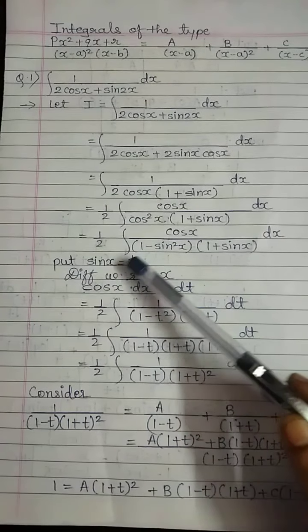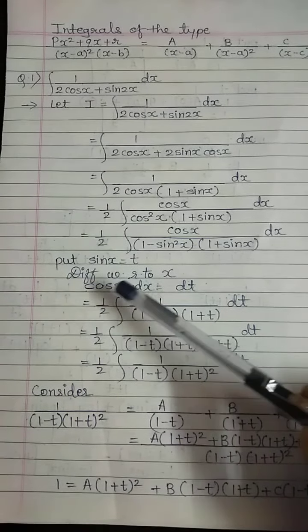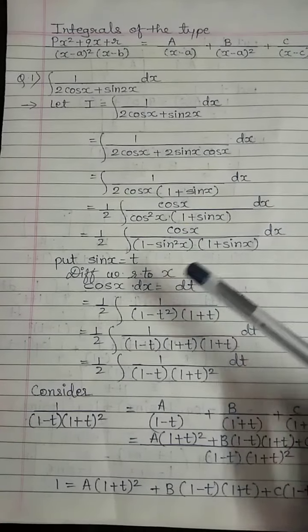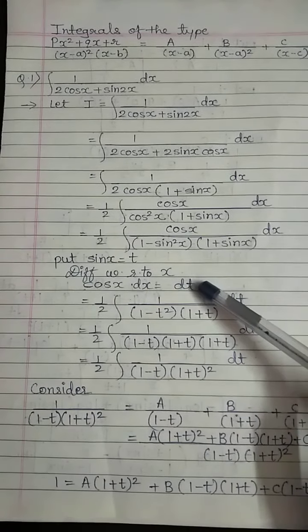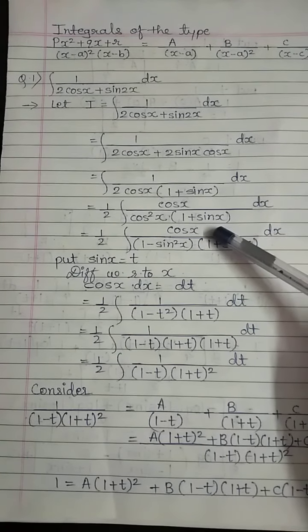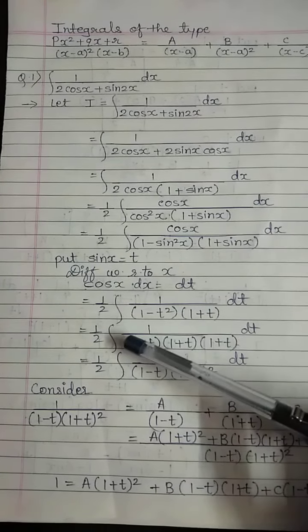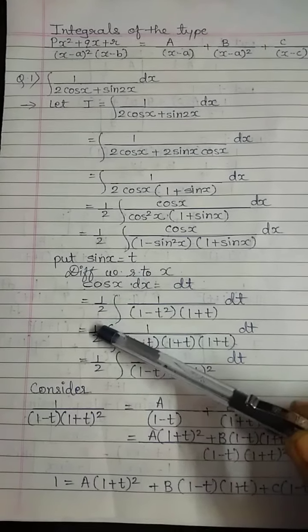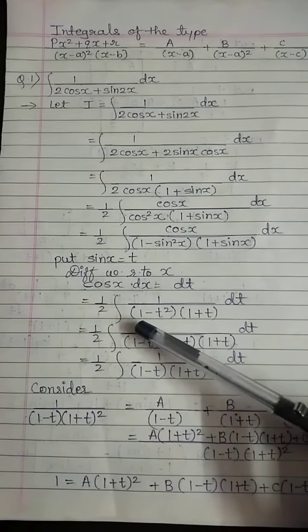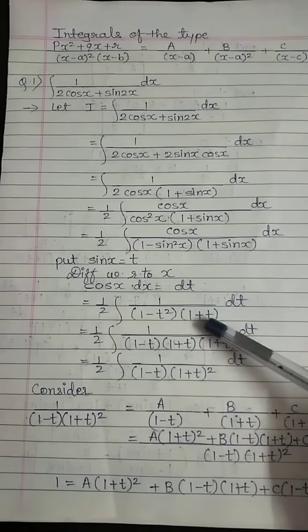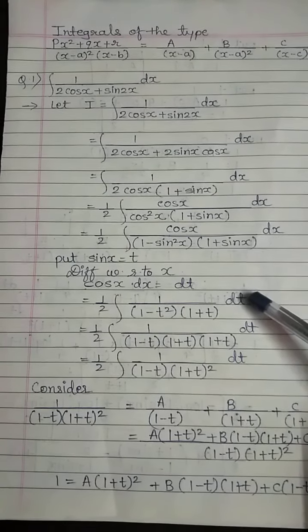So put sin x equal to t, differentiating with respect to x, so cos x dx is equal to dt. Now we will write this entire function in terms of t. So 1 by 2 as it is, integration of 1 upon (1 − t²)(1 + t) dt.